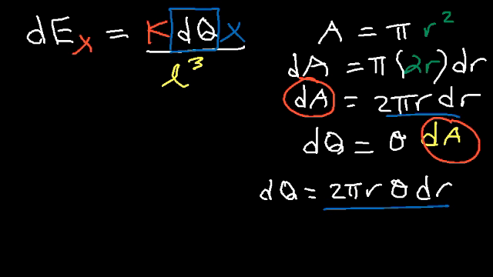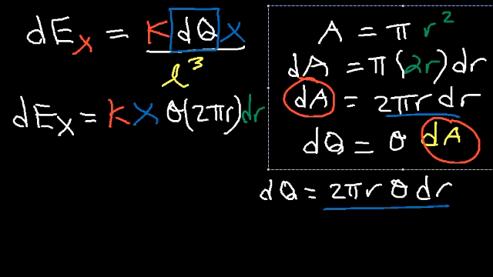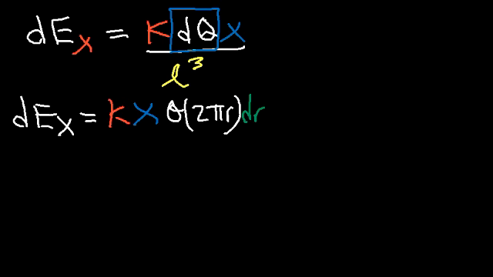So now let's replace dQ. So dEx is going to equal k times x times sigma times 2 pi r dr, divided by L cubed.